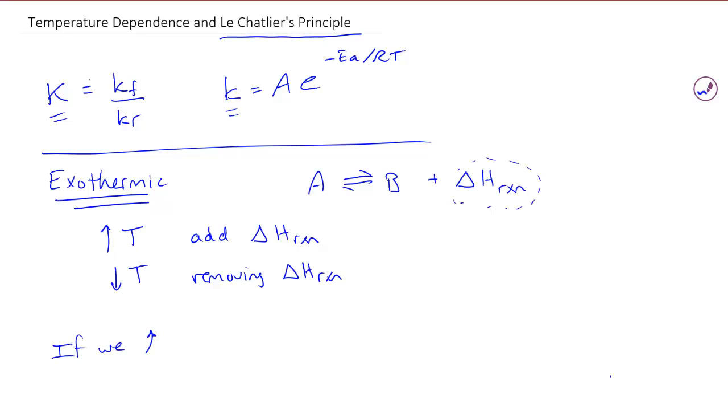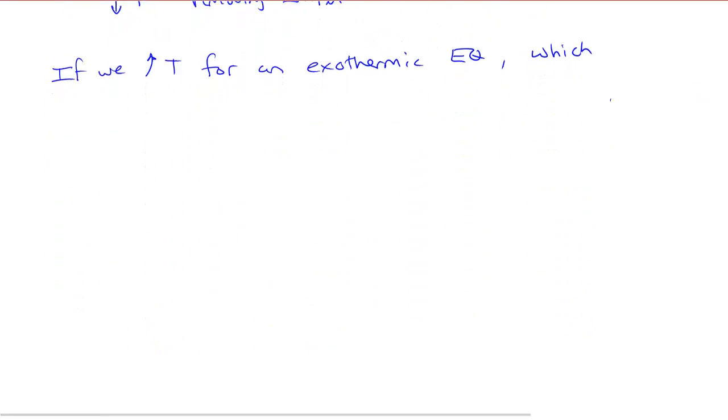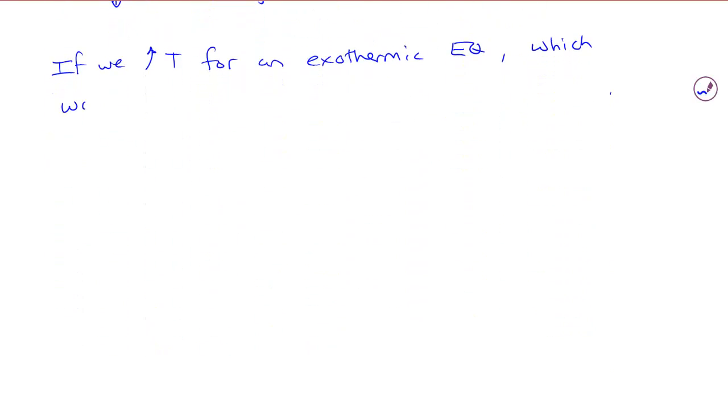If we increase the temperature for an exothermic reaction, which way does it shift? And what happens to the equilibrium constant?